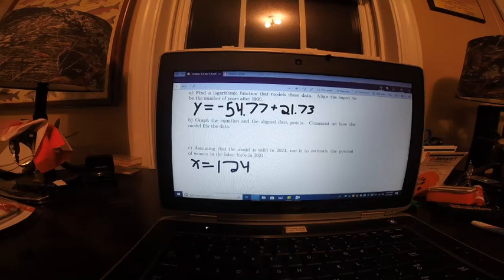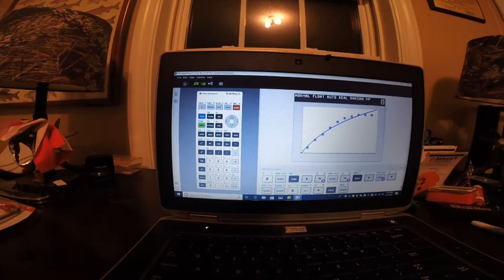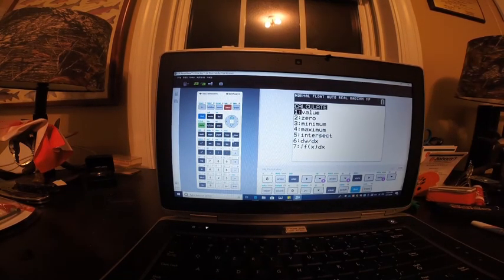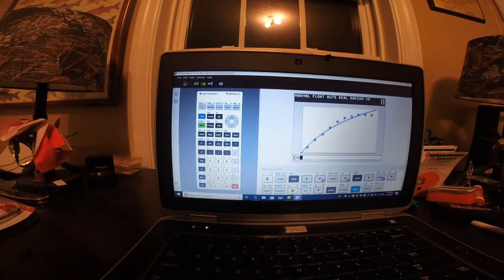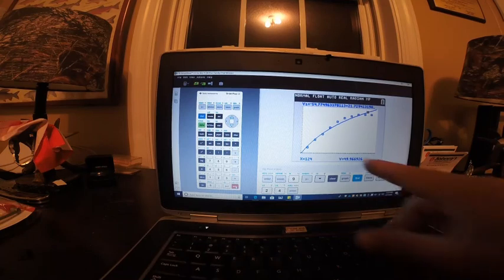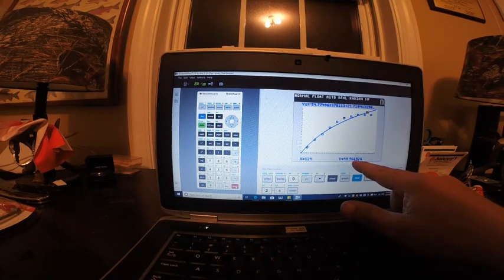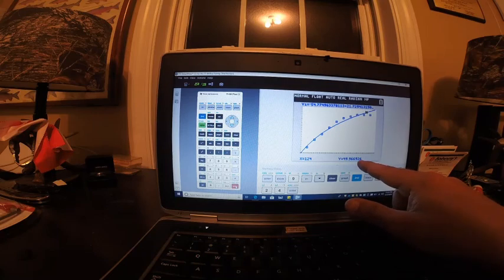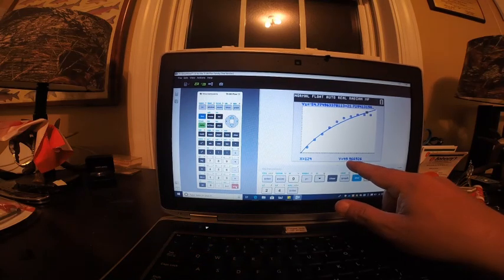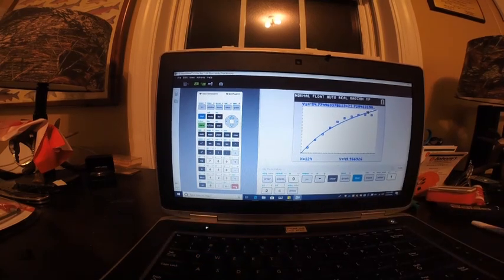My screenwriting isn't the greatest. So if I come over here and I do second calc value for our X value, I type in 124. What I get is a Y value of 49.966926. Okay, I'm going to round to 2 decimal places, so 49.97.